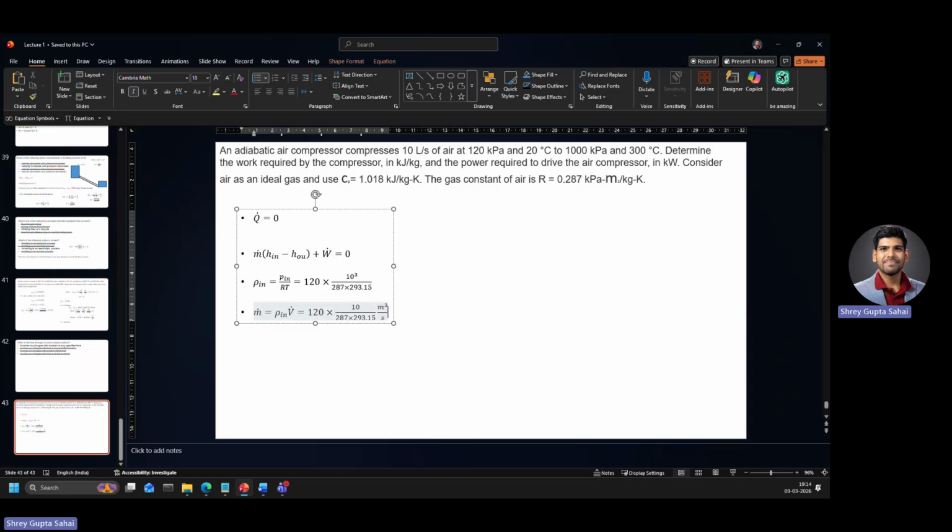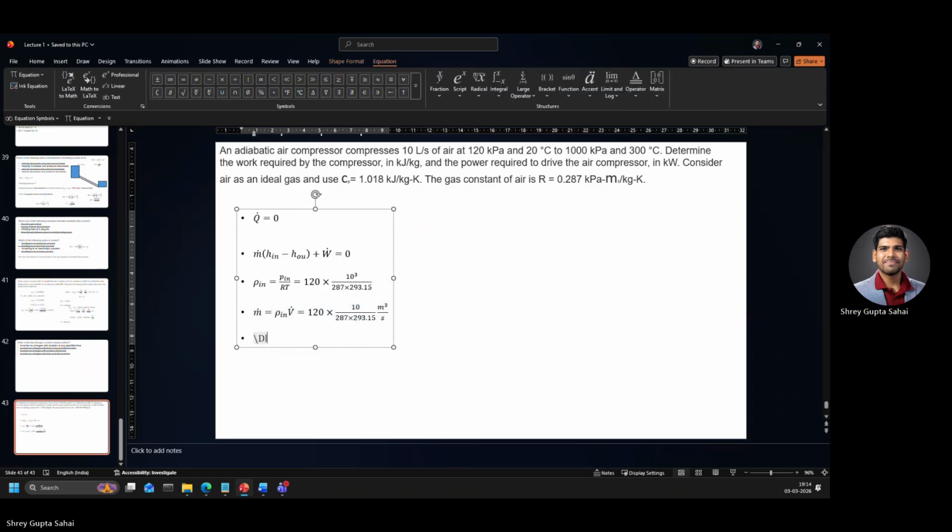Now let's calculate delta H. Delta H is H out minus H in, which is Cp delta T for an ideal gas.